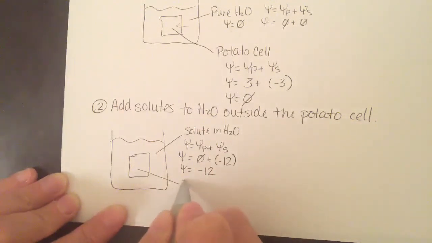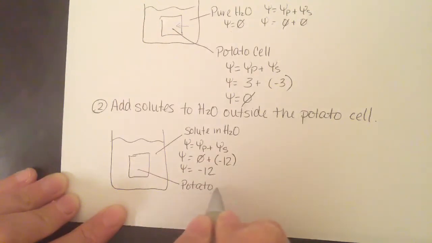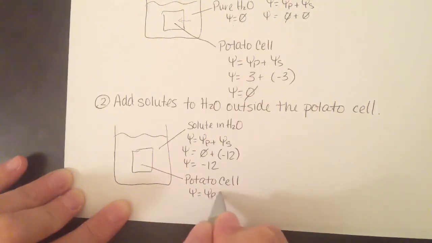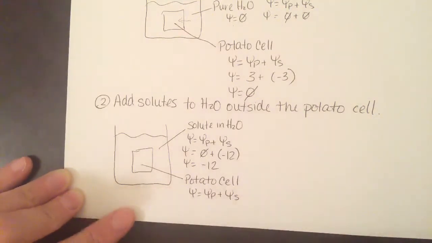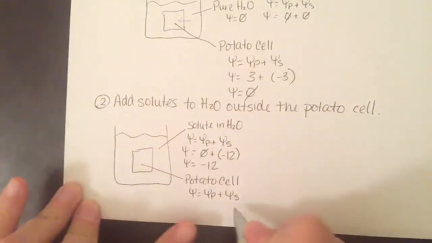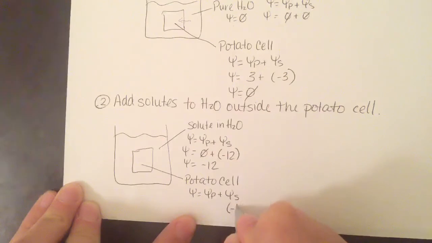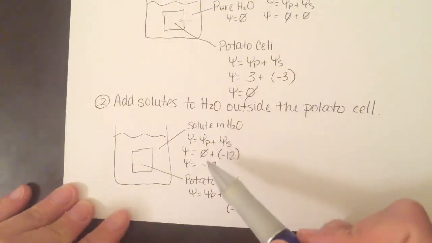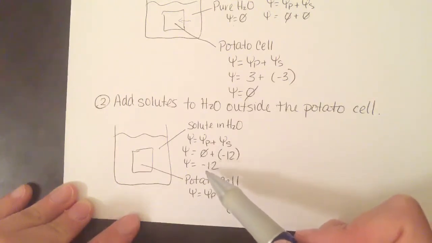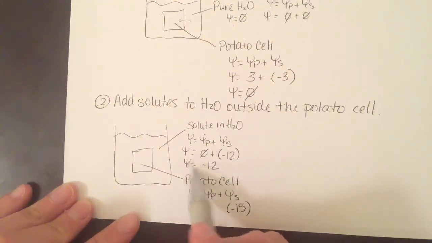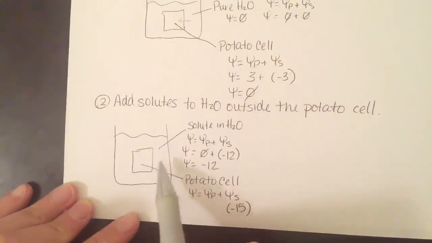Let's talk about what's going on with your potato cell. So water potential is pressure potential plus solute potential. Let's say the solute potential for this cell is -15. So what will happen is, at first, if water goes into the cell, if there's no pressure, then the water potential would be -15, and then so therefore -12 is a higher number than that.